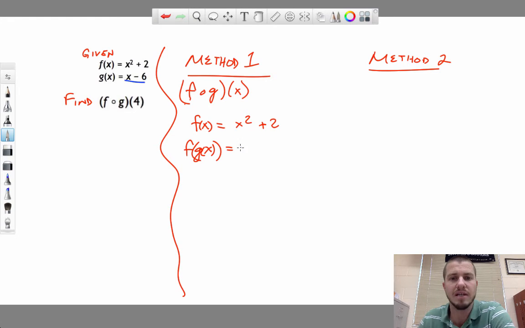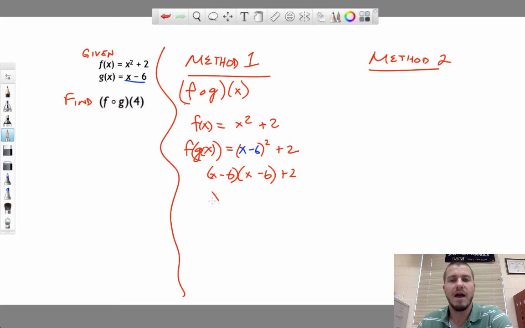Well, g is x minus 6, so I have x minus 6 squared and then plus 2. All I did was I plugged g into x in the f function. And so now I square that, which means I need to multiply it by itself.